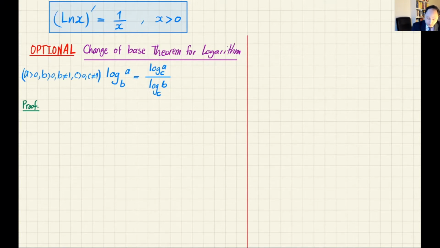Okay, if I want to prove it, one way of proving it is just using the definition of the logarithm. So I would say let logarithm of a in base b be equal to some number m, logarithm of a in base c be another number n, and finally logarithm of b in base c be equal to p.